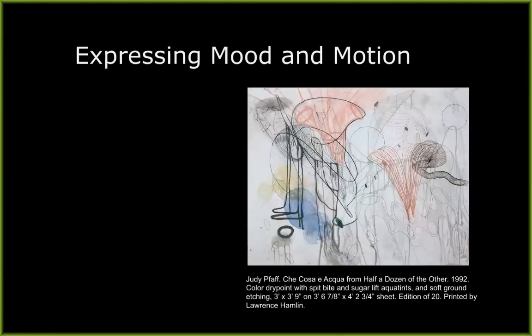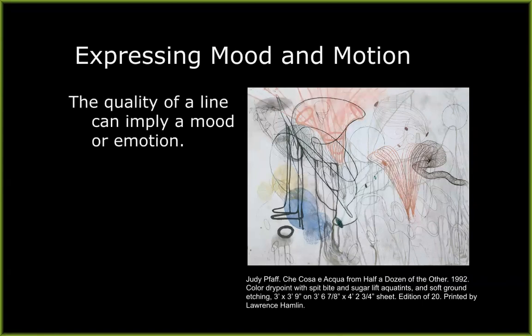And here's an example of a painting that really isn't representational of anything, but it has a lot of mood or a lot of feeling in it. Might bring to mind different things for different people.